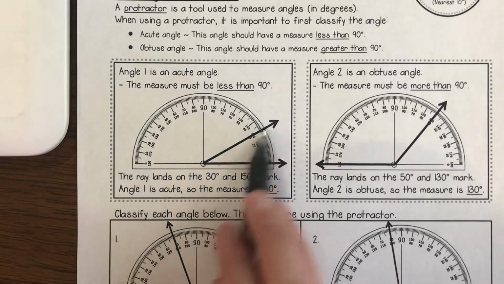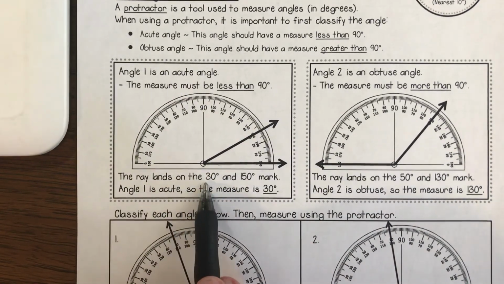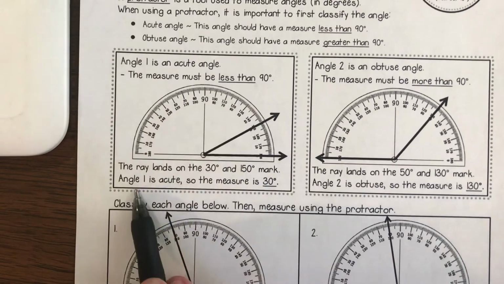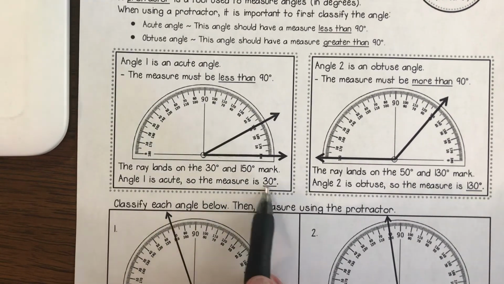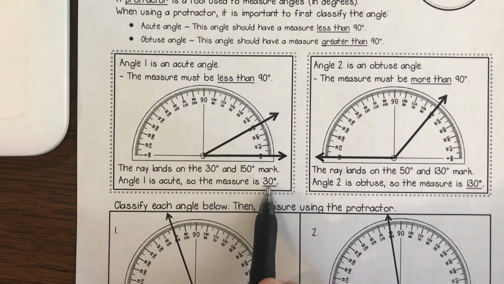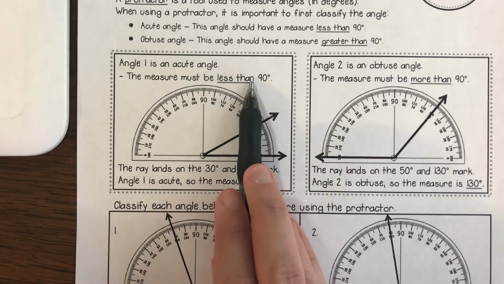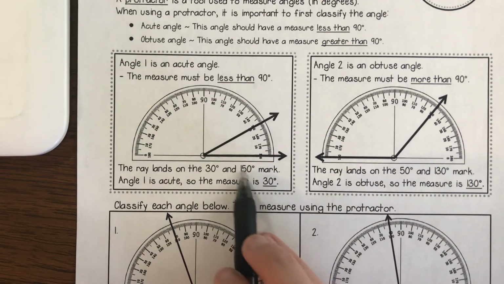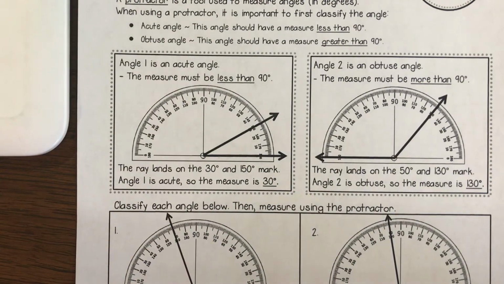The ray that's going up lands on the 30 degree and the 150 degree mark. So just like what we talked about in the example before, since it's acute, the measure has to be 30 because 30 is less than 90 degrees. If it had happened to be an obtuse angle that we'll look at in just a minute, the other measurement would make a little bit more sense.